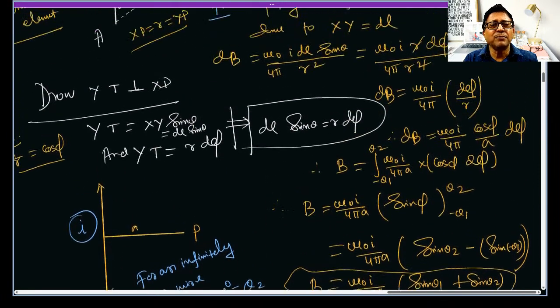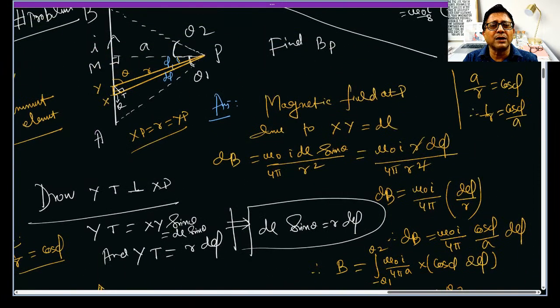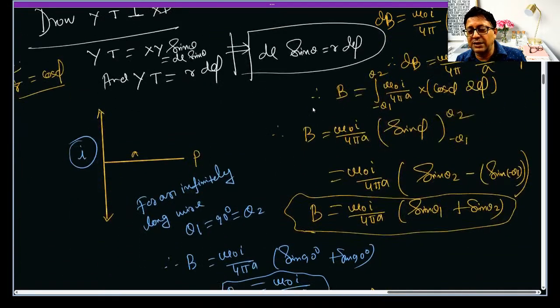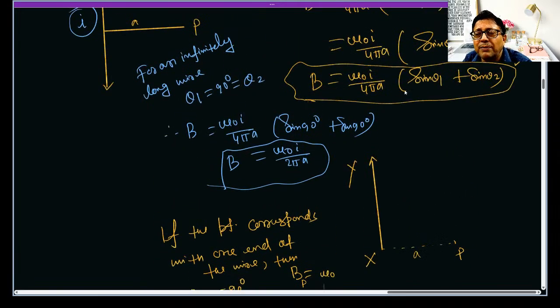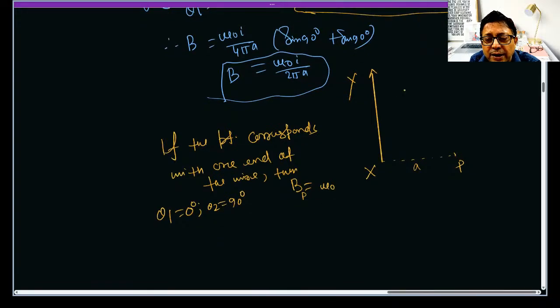See, this you have to keep in your mind. Theta 1 is 0 and theta 2 is 90 degrees. So put here theta 1 as 0 degrees, theta 2 as 90 degrees. So B at P is going to be mu 0 I. What is the expression? Mu 0 I by 4 pi a.